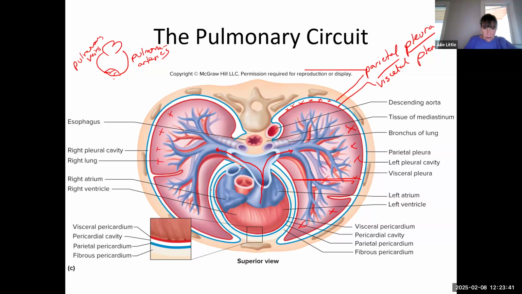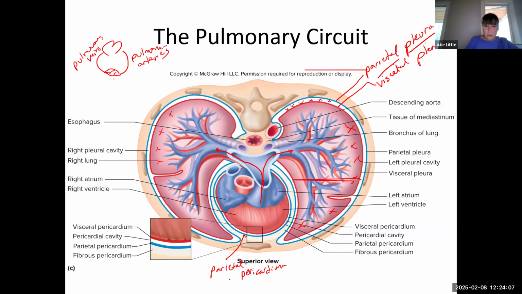Now, around the heart, I have a hard time seeing what's going on here, but the blue serous membrane, that is going to be the parietal. It'll be on the outside of that. It'll be on the inside of the fibrous pericardium. This is going to be the parietal pericardium. Notice how the second word changed. Up here, we're around the lungs, so it's the parietal pleura.